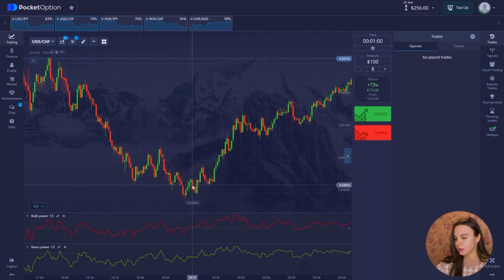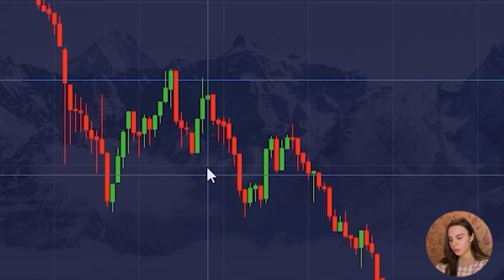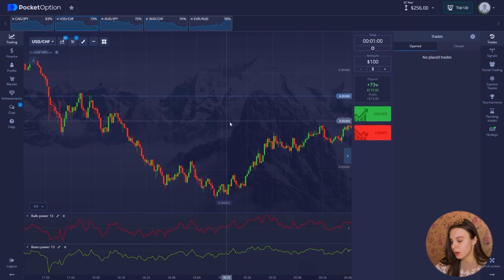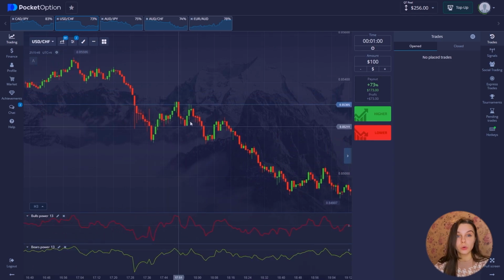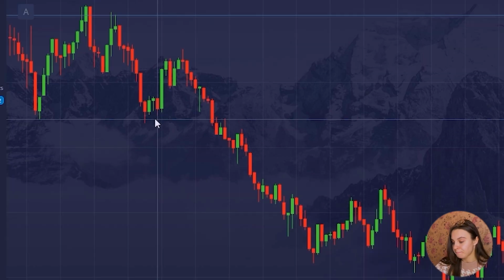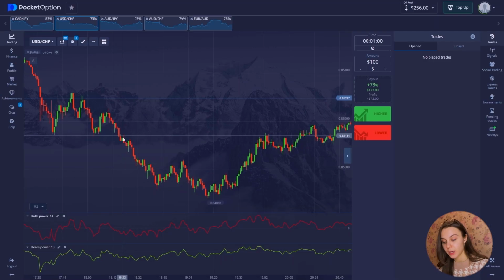So let's do a little more analysis before moving on to the next currency pair, just for you to understand the assets. We had a very strong downward trend in this area where a reversal tried to occur, but the reversal didn't happen, and it continued quite a strong downward trend in this section of our market.